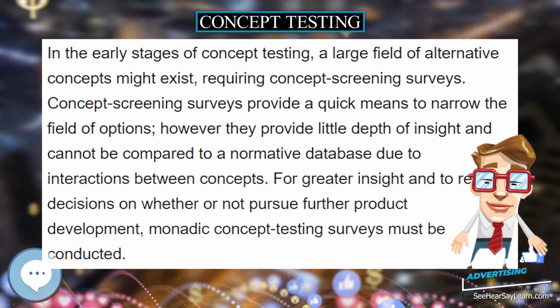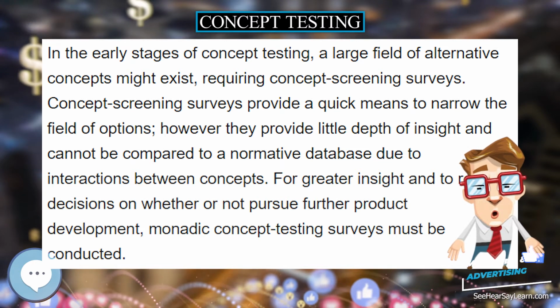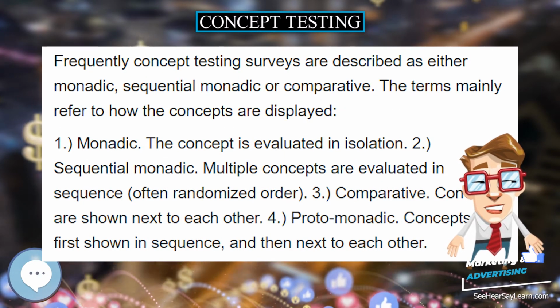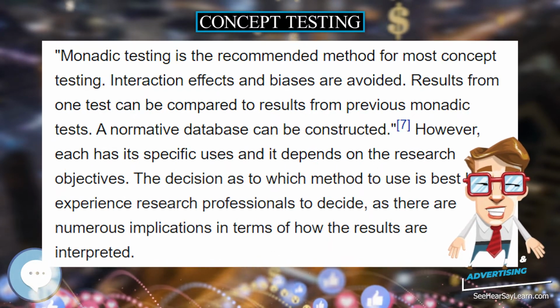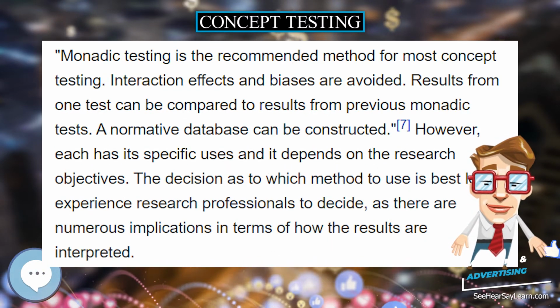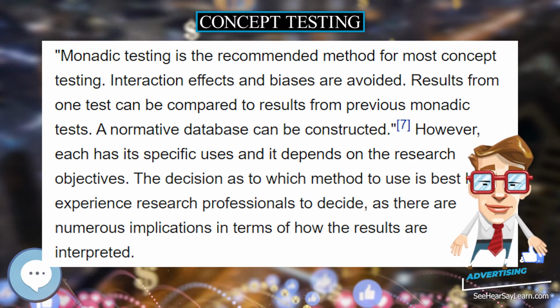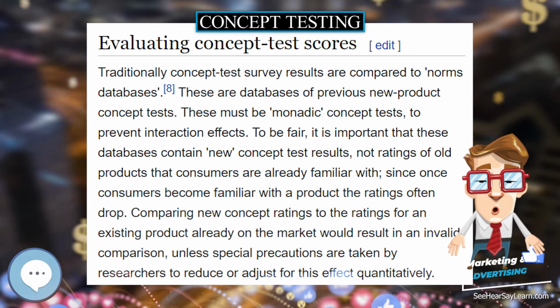Evaluating concept test scores. Traditionally concept test survey results are compared to norms databases. These are databases of previous new product concept tests. These must be monadic concept tests, to prevent interaction effects.